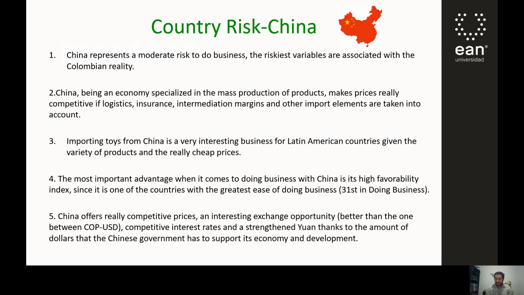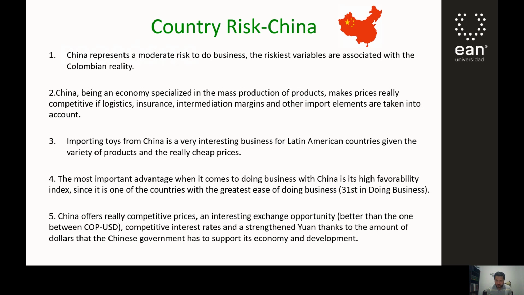China is the factory of the world, and there are 1.5 billion Chinese people, and for that reason, the cost is lower when you compare it with other countries. This makes prices really competitive. Logistics, insurance, intermediate margin, and other import elements are taken into account.